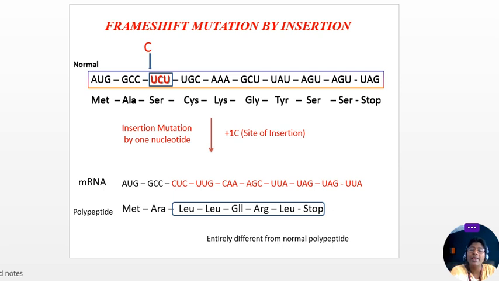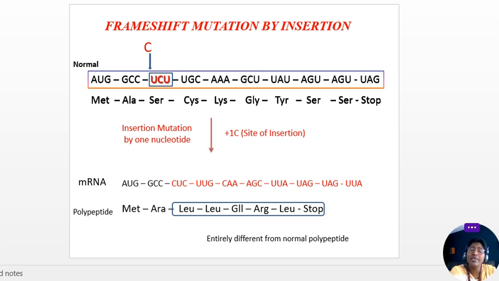There it will form UUC, and the third base of that fourth codon will be linked with another codon. Like that, during the insertion, the last base of each codon will be joined with another codon.